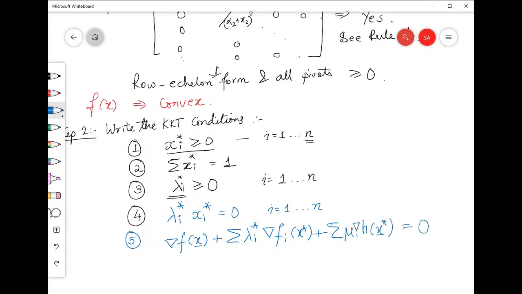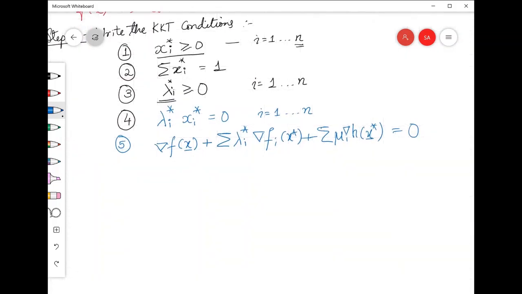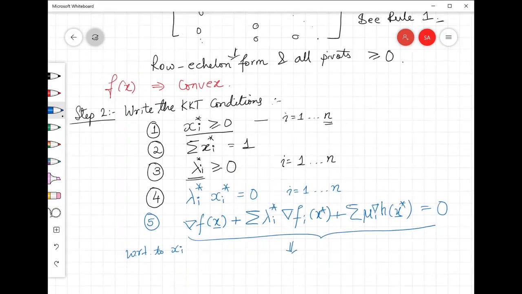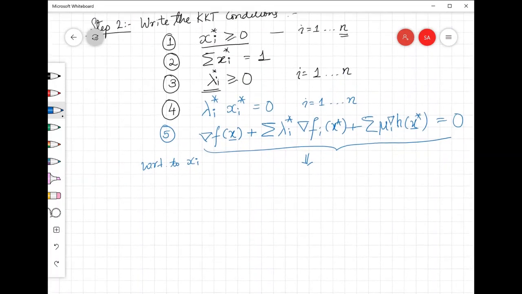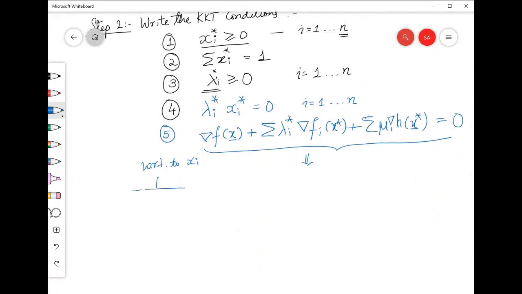Let me simplify this further. What will be the derivative of f of x with respect to x_i? If you recall from our earlier discussion, it is minus 1 over alpha_i plus x_i.